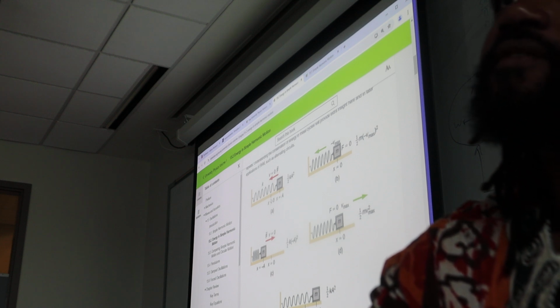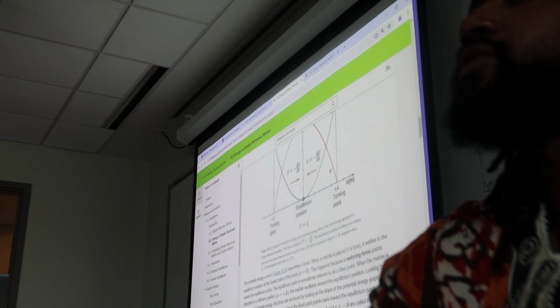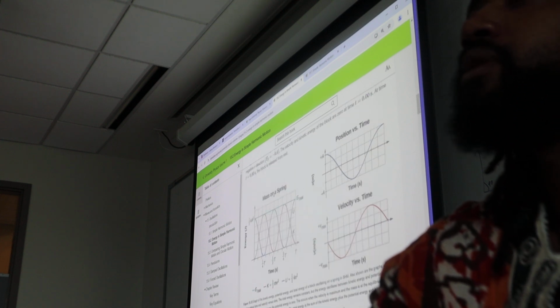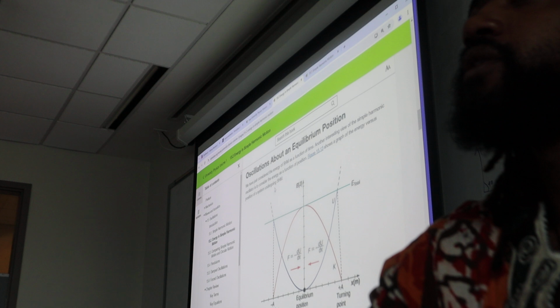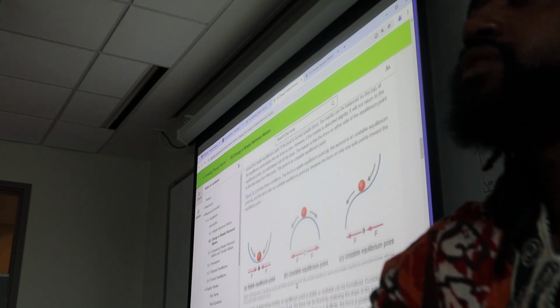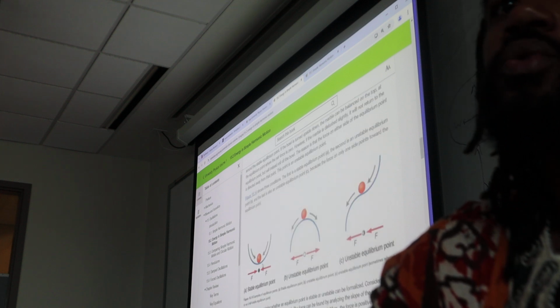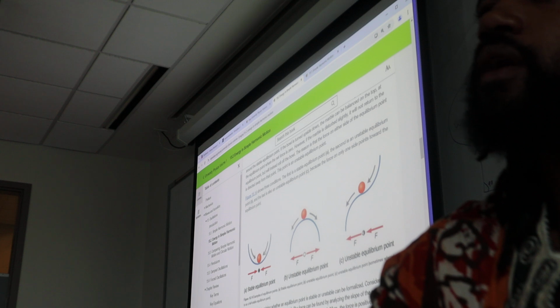That's the main key for that, is that it's toward the equilibrium point. Oscillations about an equilibrium position. So it has a lot to do with this equilibrium position. So if I'm in a bowl, then we're going back to the equilibrium point no matter which way we go.